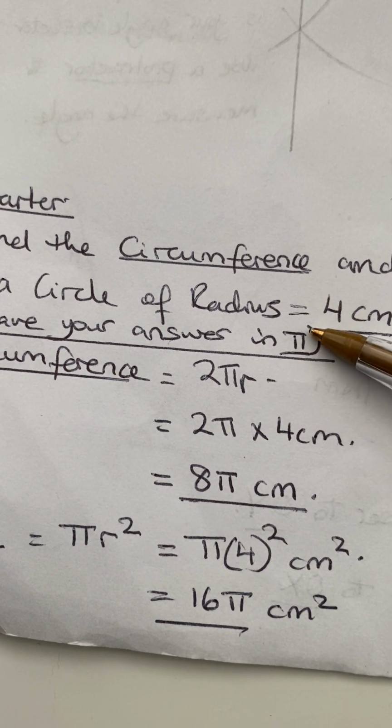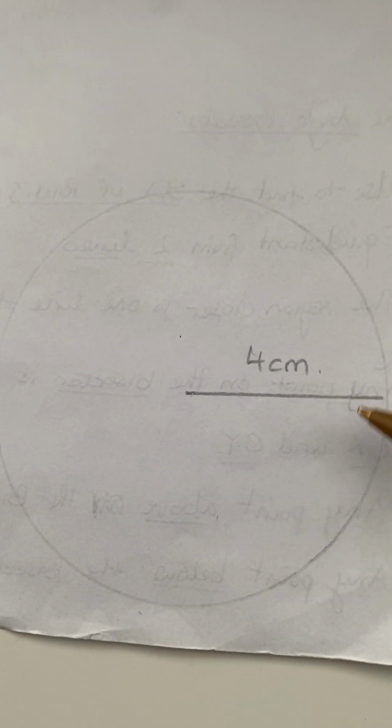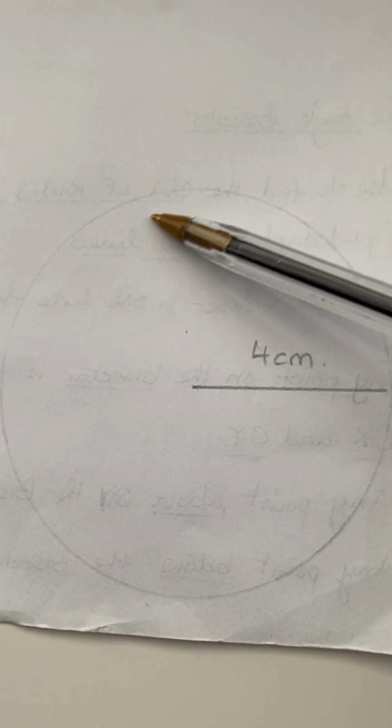They asked us to leave our answers in pi. I drew the circle and magnified it. Today my diagram is not cluttered. So that's the radius. We found the circumference and we left our answer in pi. And we found the area of the entire circle. We also left our answer in pi.